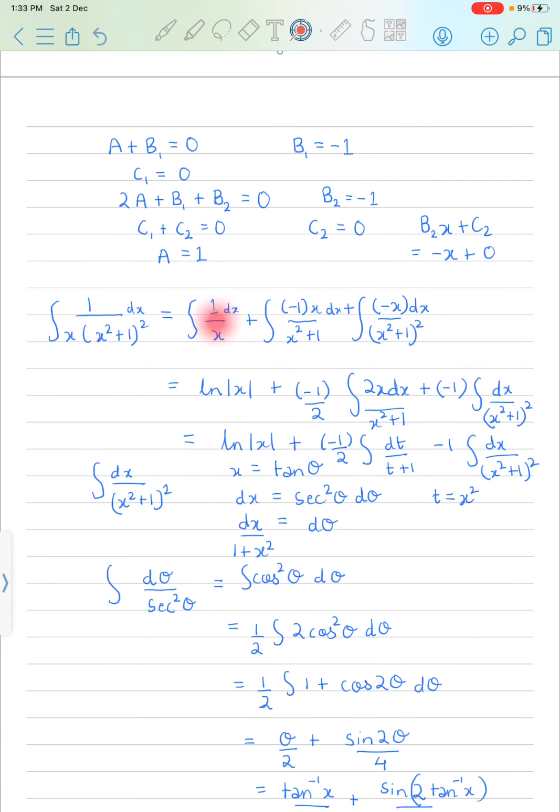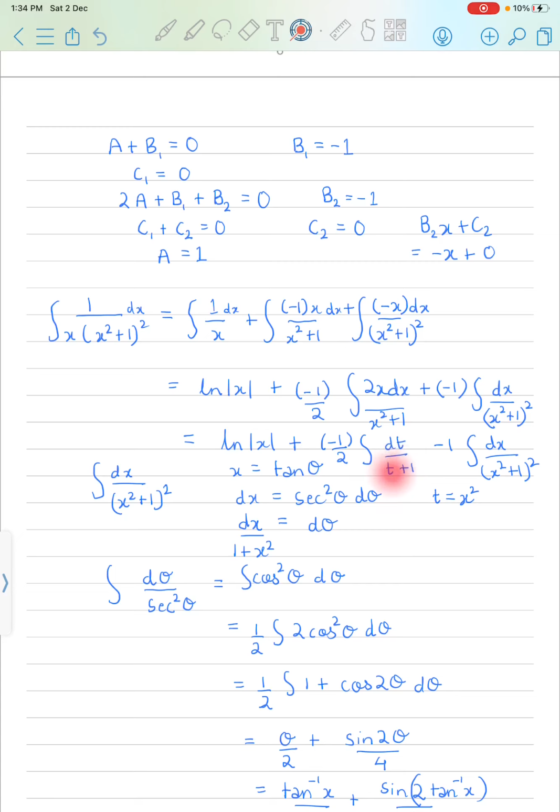So 1 by x dx, this you can integrate to get ln x. Then for this other one, you have to use substitution. If you take t equal to x square, first dividing by 2 and multiplying by 2, this will be 2x by x square plus 1.